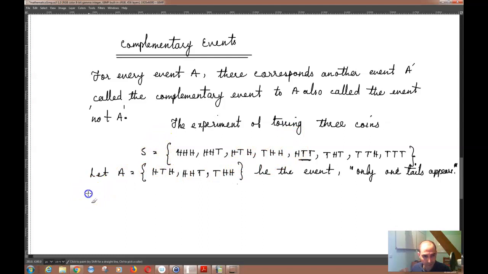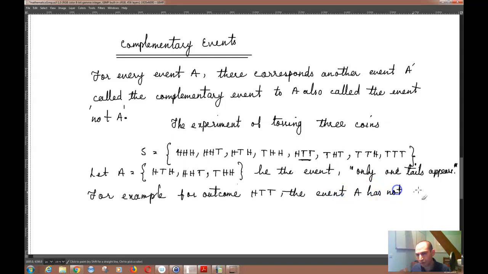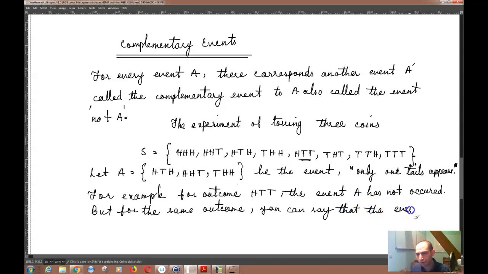For the same outcome, HTT, the event A has not occurred, but you can say that the event not A has occurred.